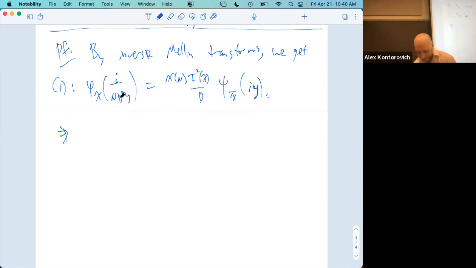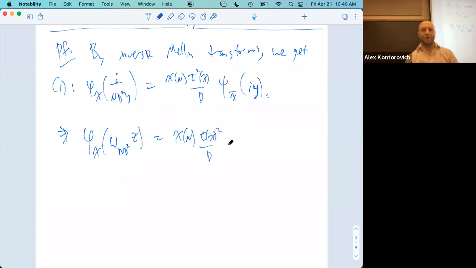Let me leave it where it is. So this allows me to conclude that Wn d squared z is just the same formula, but now it's not on the one line. Tau of chi squared over d.